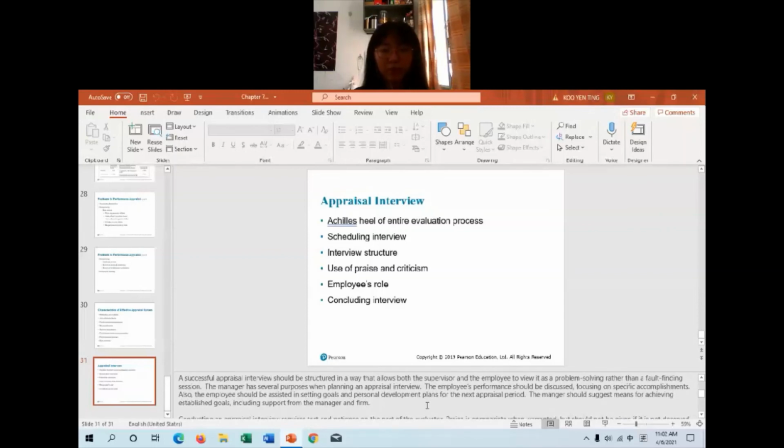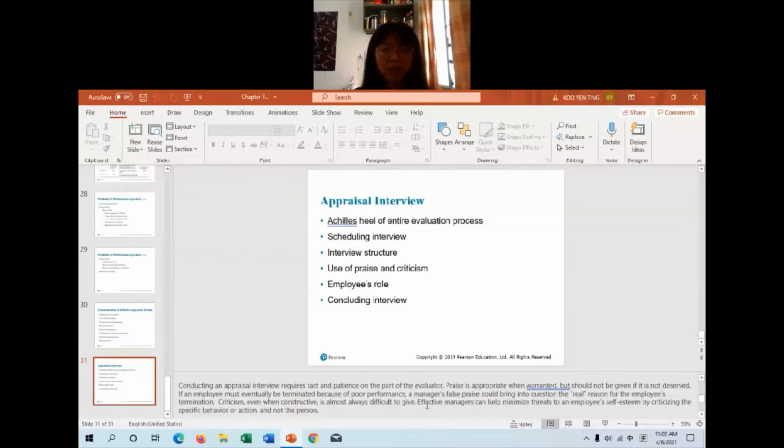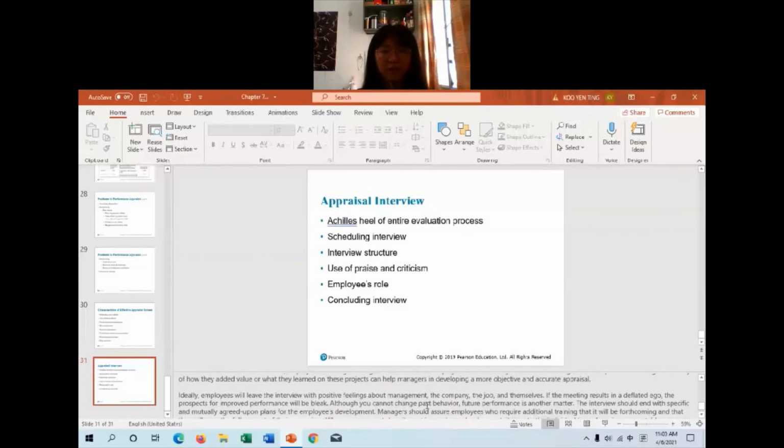The employee's performance should be discussed, focused on specific accomplishments. Also, the employee should be active in setting goals and a performance development plan for the next appraisal period. Conducting an appraisal interview requires tact and patience on the part of the evaluator. Praise the employee when warranted, but it should not be given if it is not deserved. That's all. Thank you.